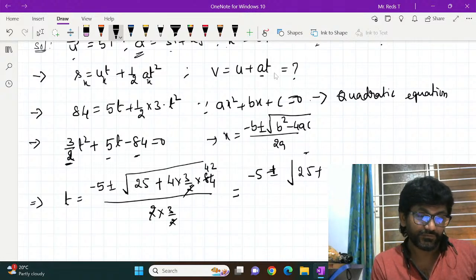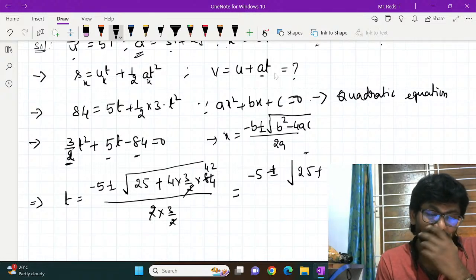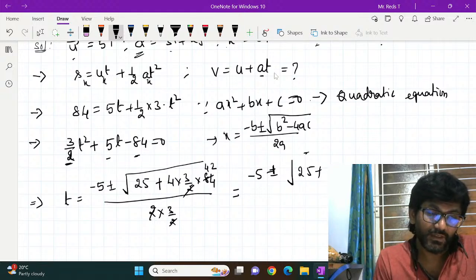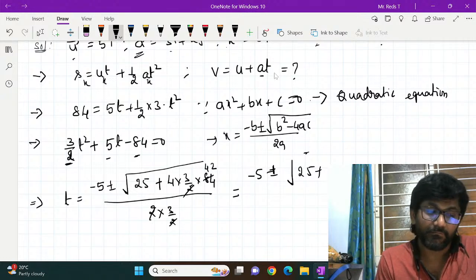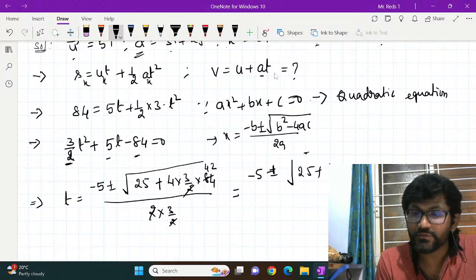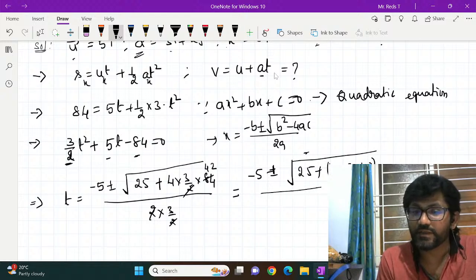If you simplify, you'll get 504. So 4 into 3 into 42, or 12 into 42, is this part, and this entire thing is divided by 3.